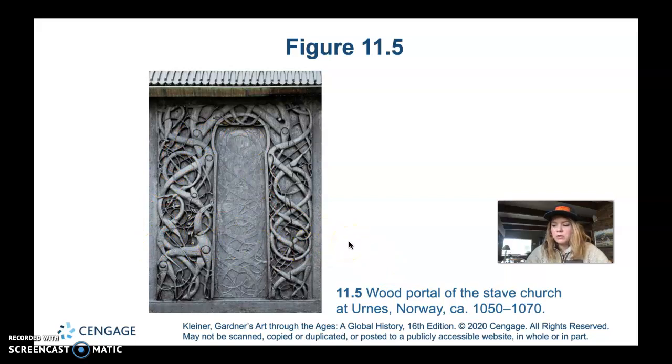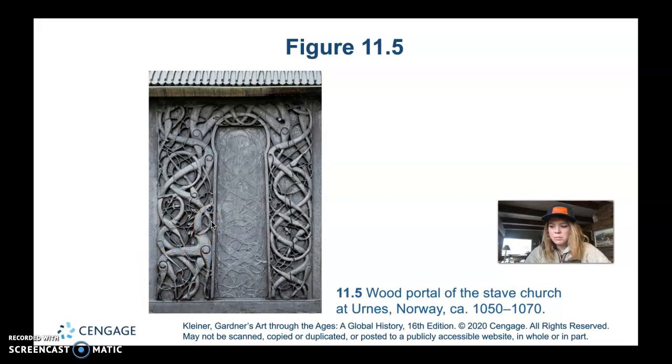The wood portal features these elongated animal forms that intertwine with plant stalks and tendrils in a spiraling rhythm. It has this effect of natural growth, and the organic forms are highly abstracted. There's one large four-legged animal at the left of the portal, perhaps serving as a guardian, much like the lamassu in Mesopotamia, potentially.